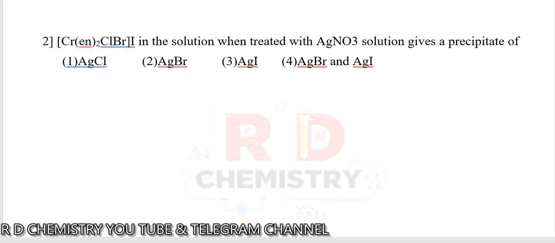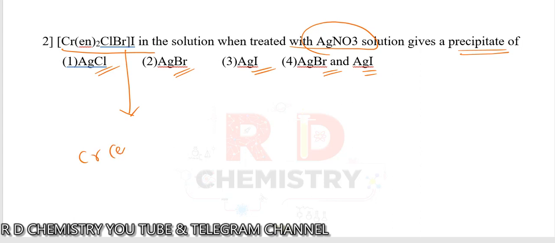Question number 2. The complex is given. When treated with silver nitrate, it gives a precipitate of. In all these cases, you can see chloride, bromide, iodide. Now when this complex undergoes ionization, it gives Cr, en twice, Cl and Br, and outside we have the counter ion iodide minus. This should be minus 1, this should be plus 1 in the solution.